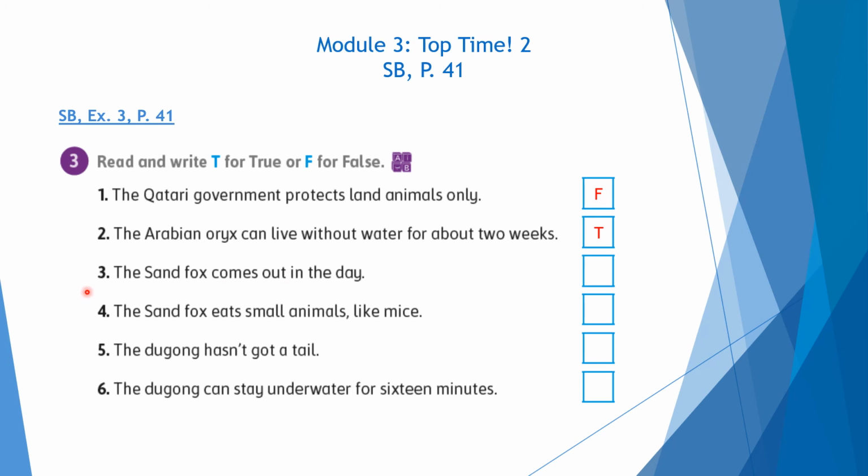True. 3. The sand fox comes out in the day. False. 4. The sand fox eats small animals like mice. True. 5. The dugong hasn't got a tail. False. 6. The dugong can stay underwater for 16 minutes. False.